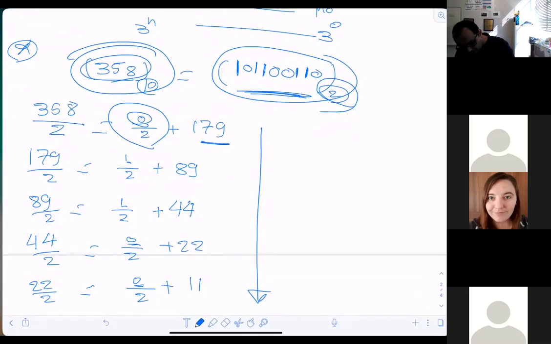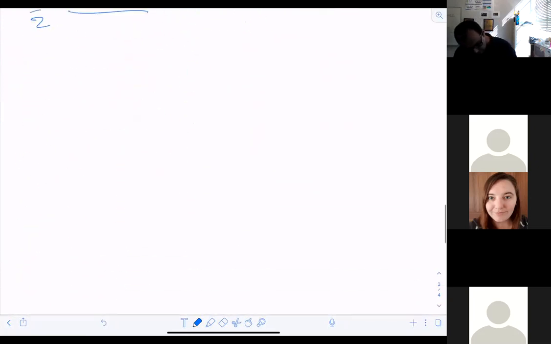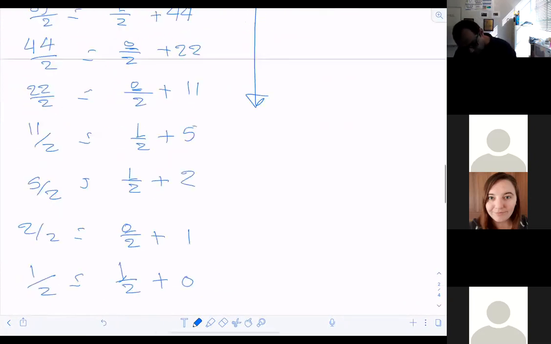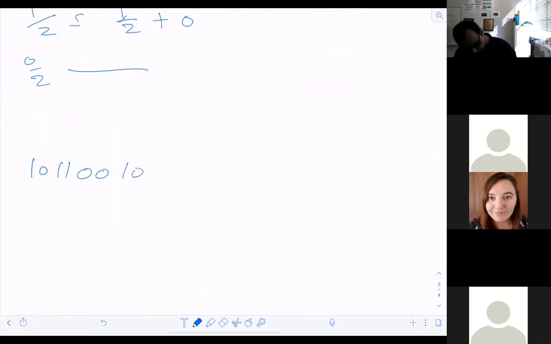So let's take a copy of this and do the reverse work on it. It's going to be 1 0 1 1 0 0 1 0. That was our number, as I requested, and I'm looking for the equivalent in base ten.